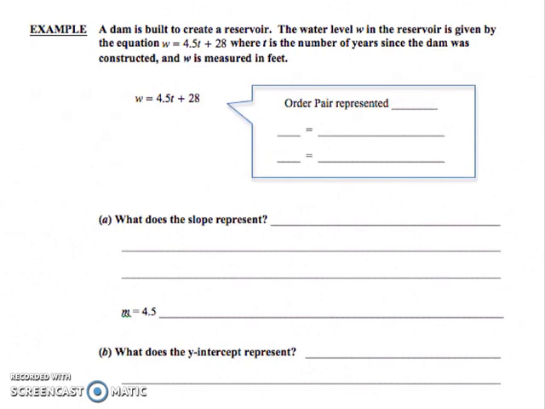The water level W in the reservoir is given by this equation, where T is the number of years since the dam was constructed and W is measured in feet. Okay, so in this problem, an ordered pair is (T, W), where T, and we were told this, is time in years, and W is the water level in feet. So the question is, what does the slope represent?